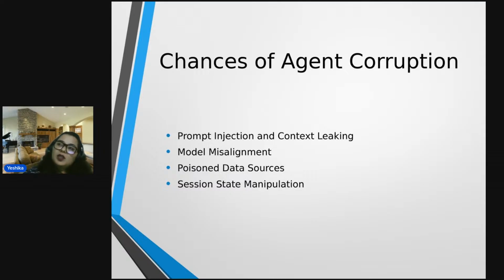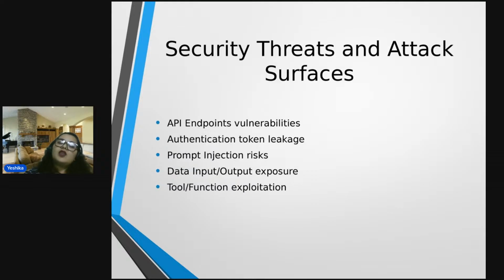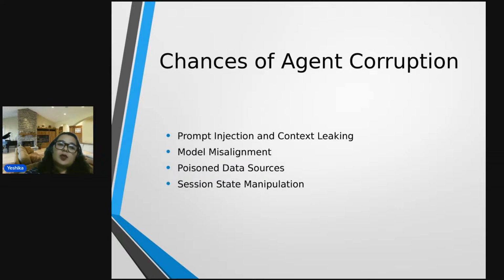Session state manipulation works along with the authentication token leakage that we talked about. Through that attack surface, this session manipulation takes place, and your authenticity for that particular agent might be exposed to the sensitive information that you are holding.